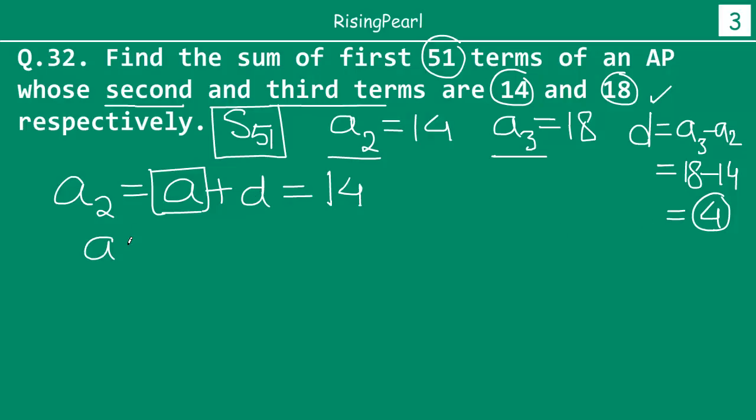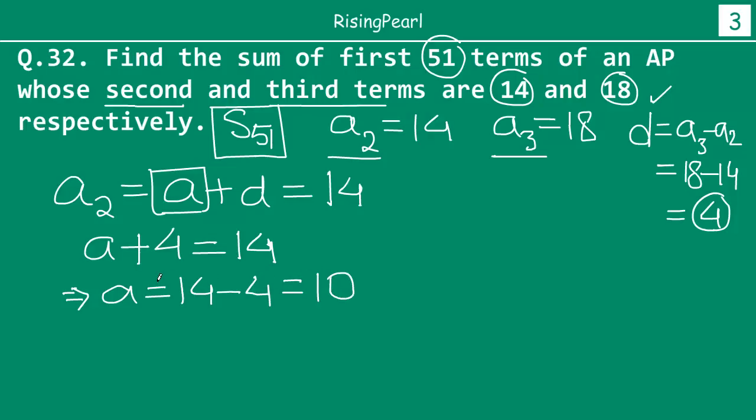That means A plus 4 is equal to 14. So simply from here we can say A is equal to 14 minus 4, which is equal to 10.